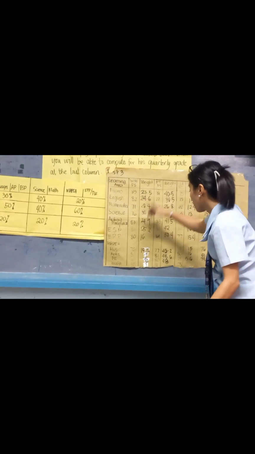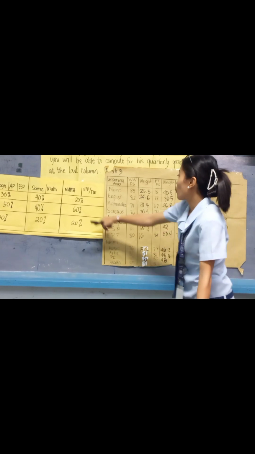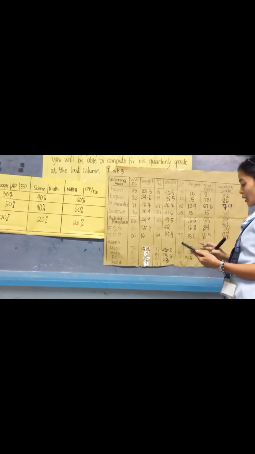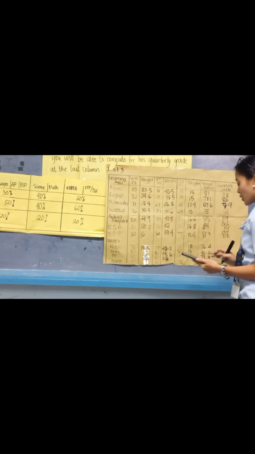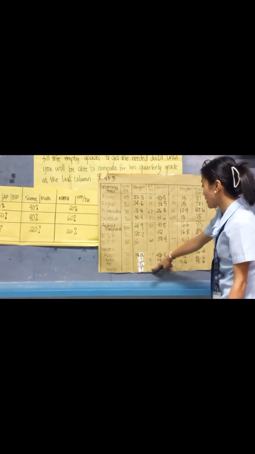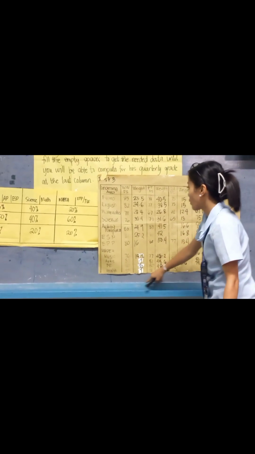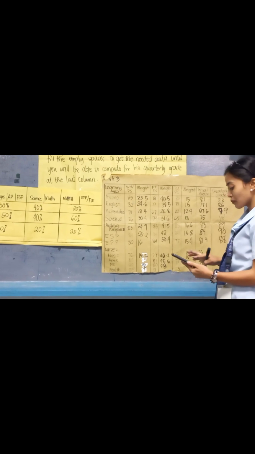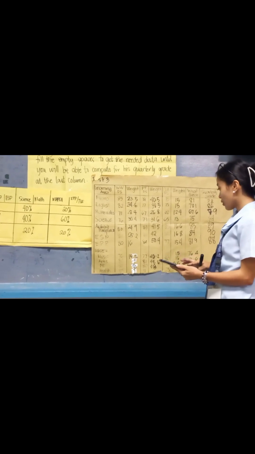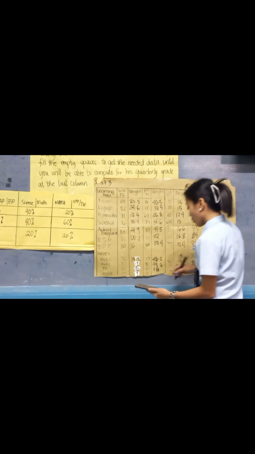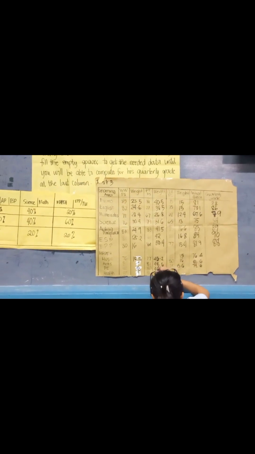Then the last one is the health. So in the written work, we have here 85, then we're going to multiply it by 20%. So 85 times 0.20 is equals to 17. Then let's proceed to the performance task, which is 81, and we're going to multiply it by 60%. So 81 times 60% is equals to 48.6.